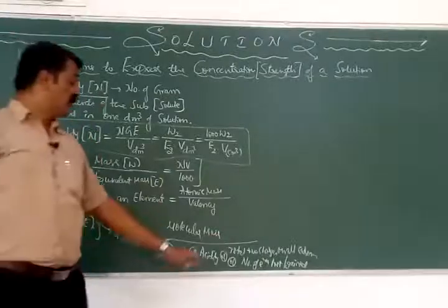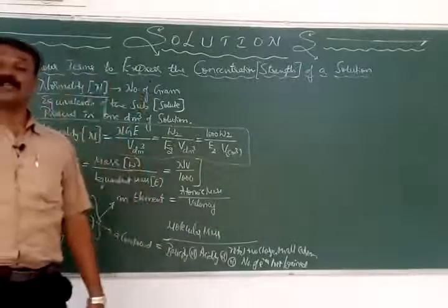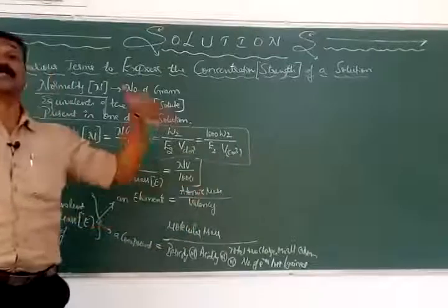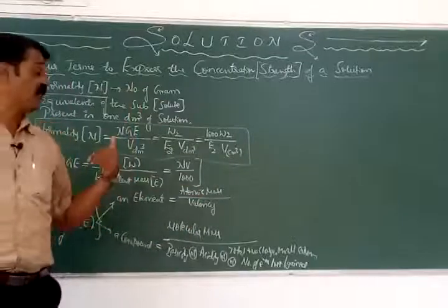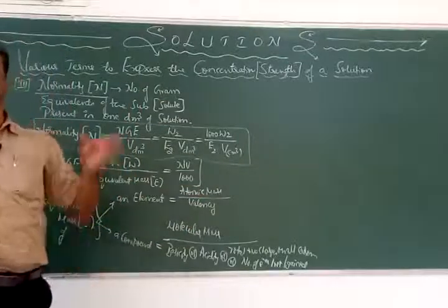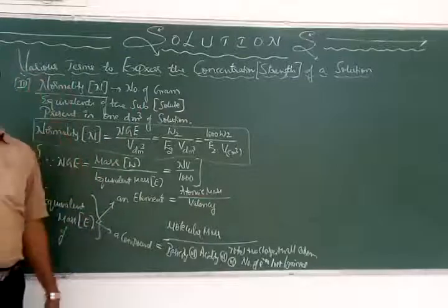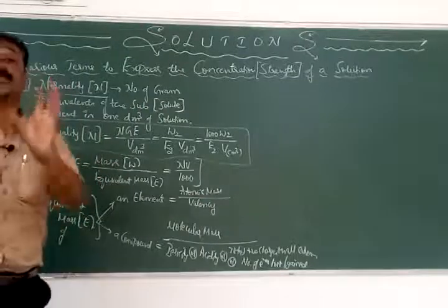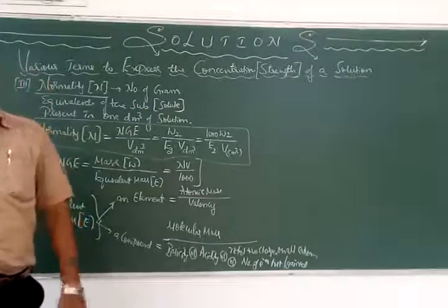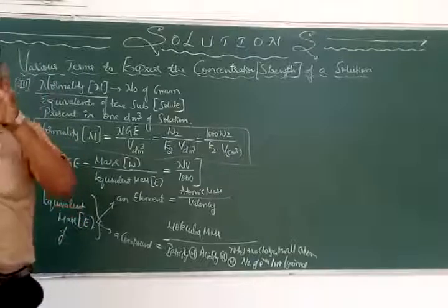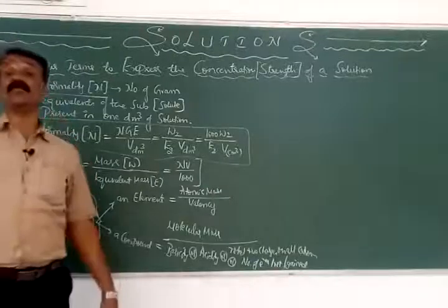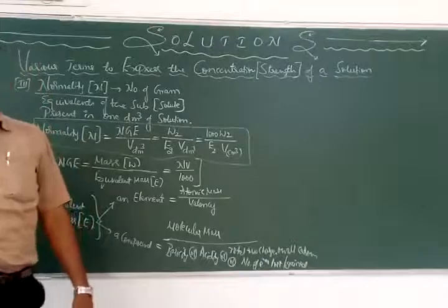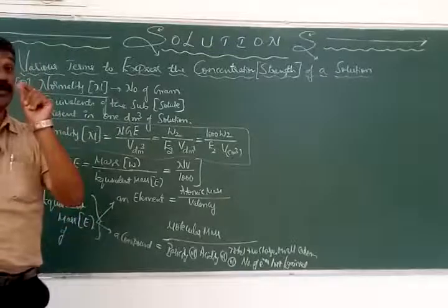If it is a reducing agent, it is the number of electrons lost. If it is an oxidizing agent, it is the number of electrons gained, or indirectly simply the change in oxidation state. We have already discussed that in the previous first year PUC chapter, redox reactions, when discussing the concept of equivalent mass.